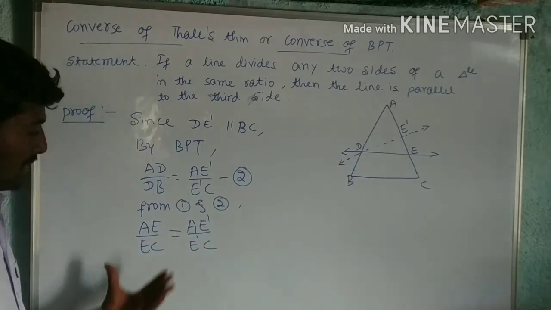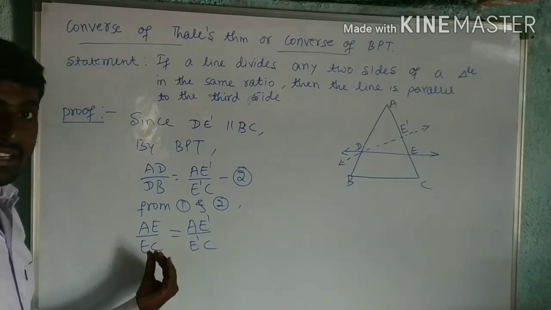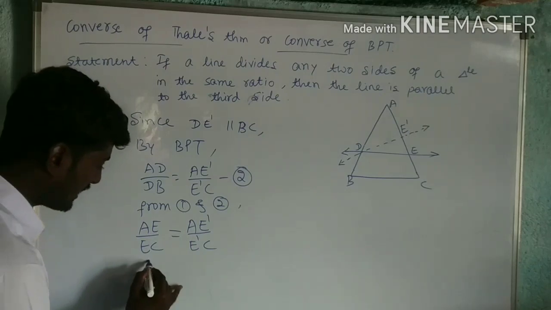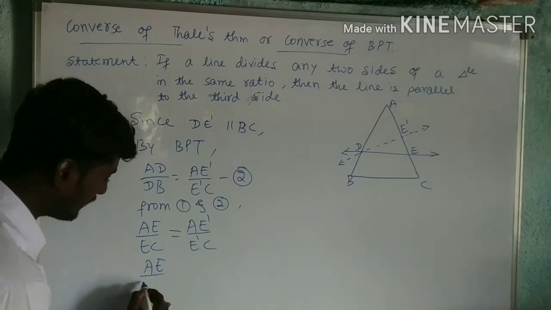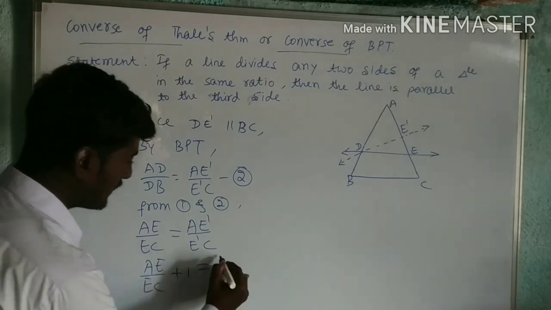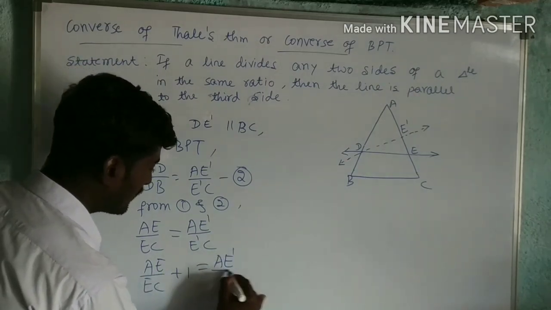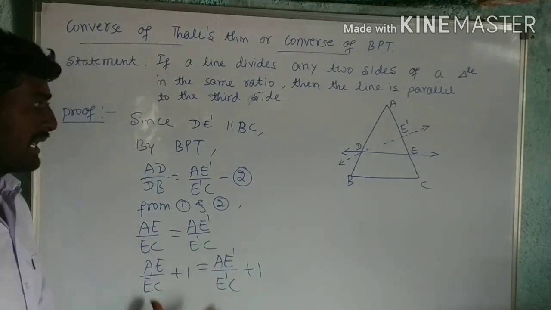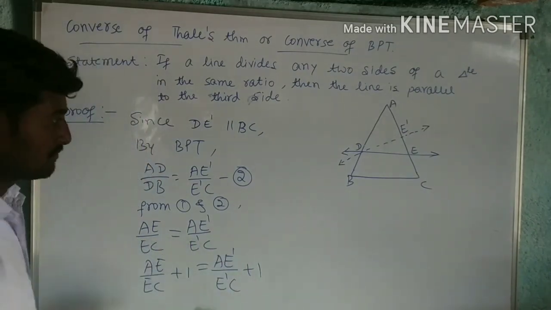Okay. Now, let us add 1 to both the sides. So AE divided by EC plus 1 is equal to AE dash divided by E dash C plus 1. I am adding 1 to both the sides.